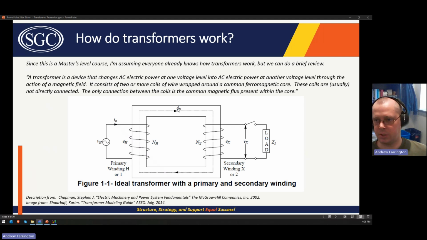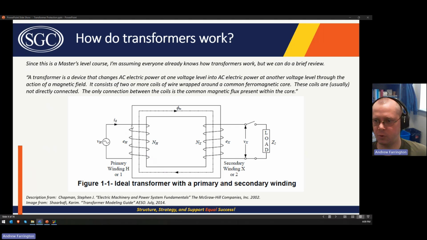So this is a diagram of an ideal transformer. And so you have the high voltage system that has a source, and then you have the current flowing through a winding that is wrapped around a magnetic core, usually laminated iron.